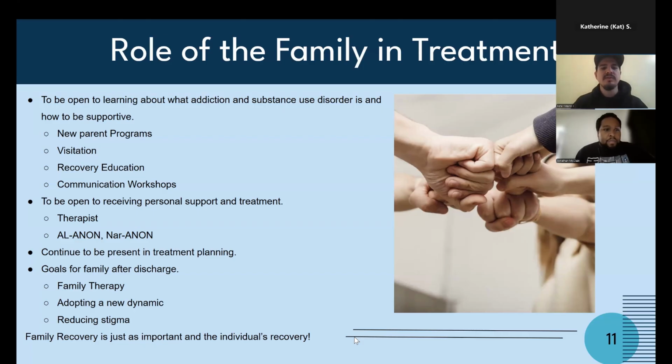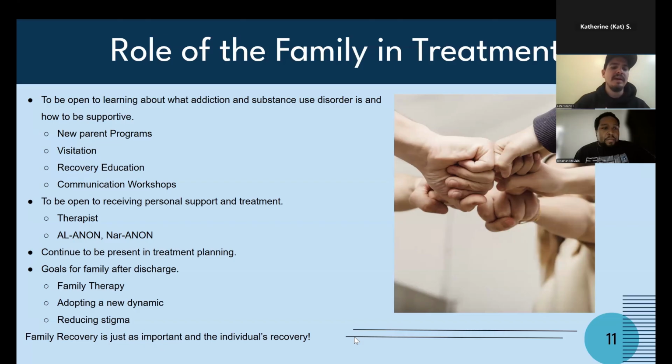Also, to be open to receiving personal support and treatment. Psychotherapy goes a long way, so the role of a therapist is crucial. The implementation of sober meeting programs such as Al-Anon and Nar-Anon are also crucial in regards to sober living environments.